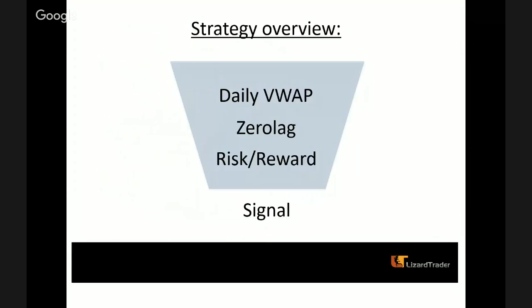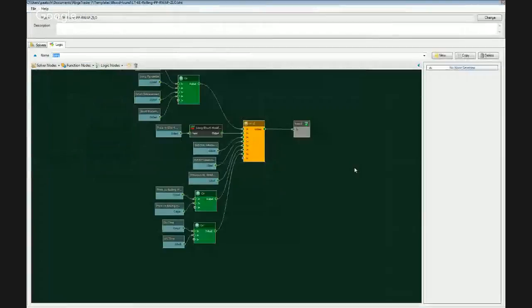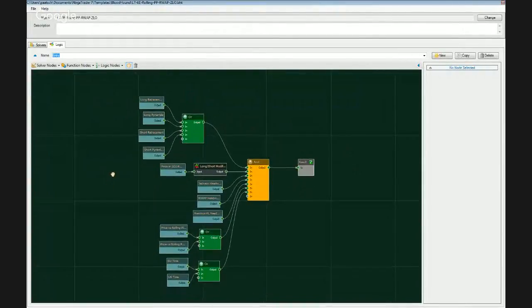And if I can just go back into the chart here, I will show how this template actually looks. For those of you who are not familiar with Bloodhound, this should be interesting, because I've basically defined everything that we talked about so far. These retracement signals by the zero lag are located up here, and then we have another solver, another rule here that is saying the price has to be within the first standard deviation of the VWAP.